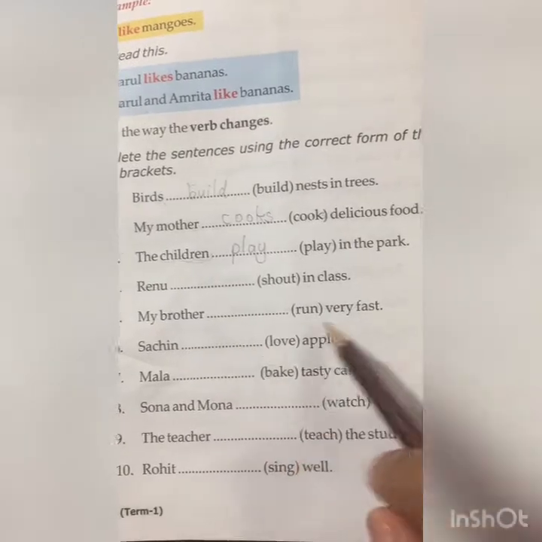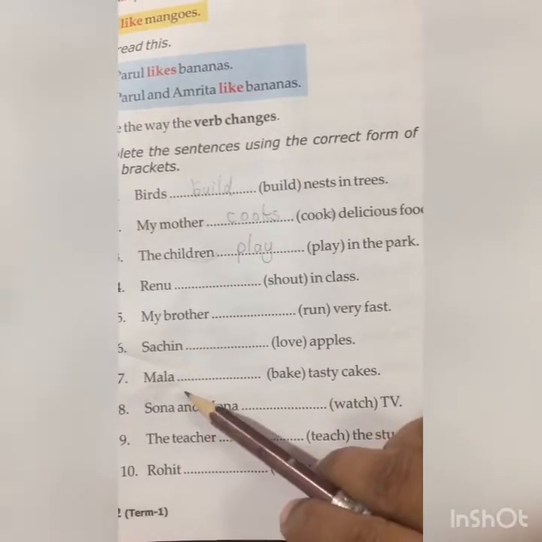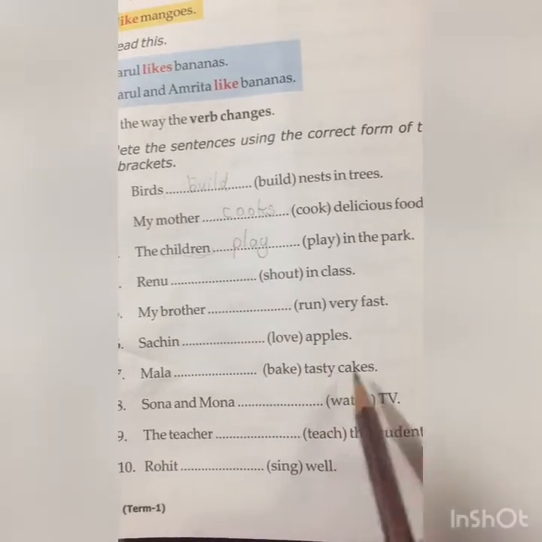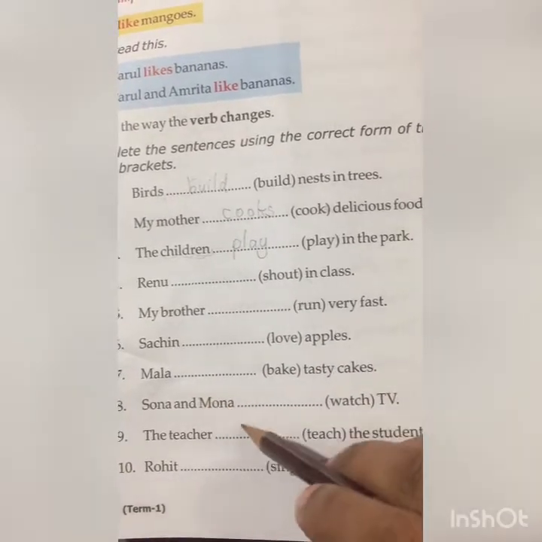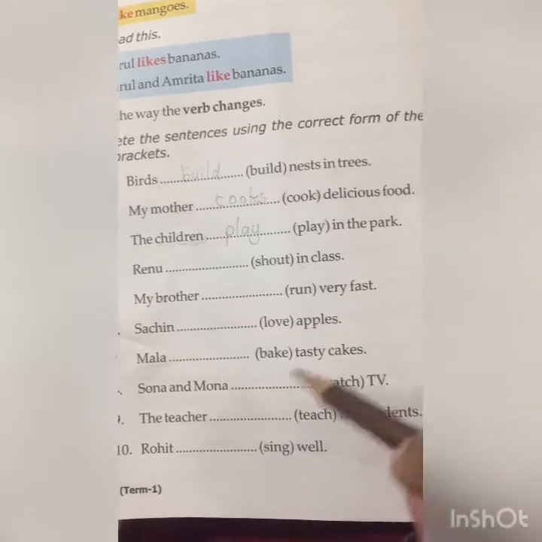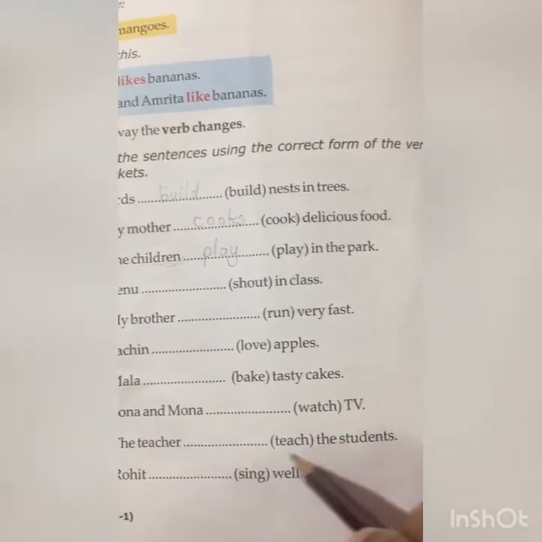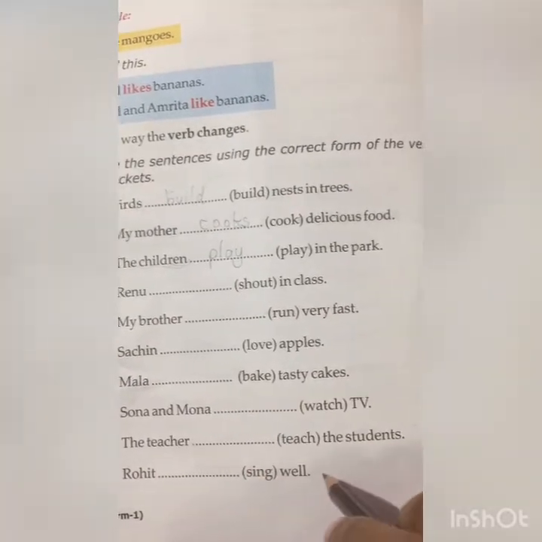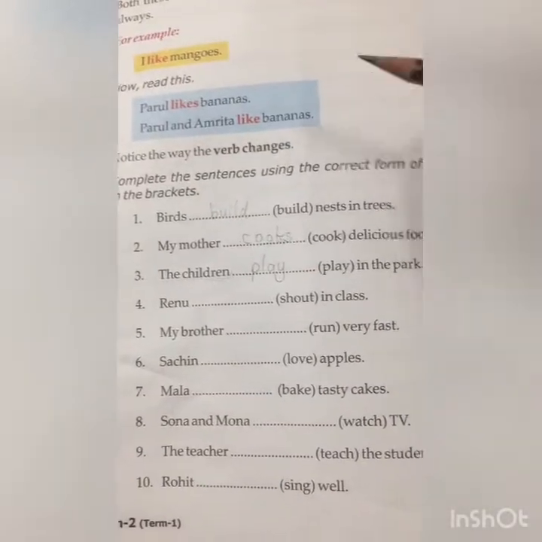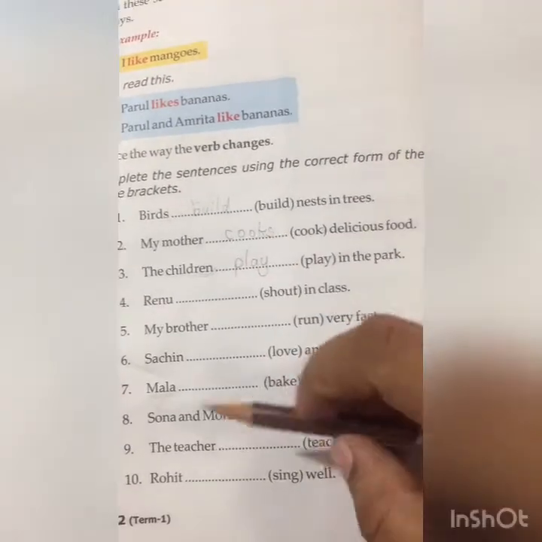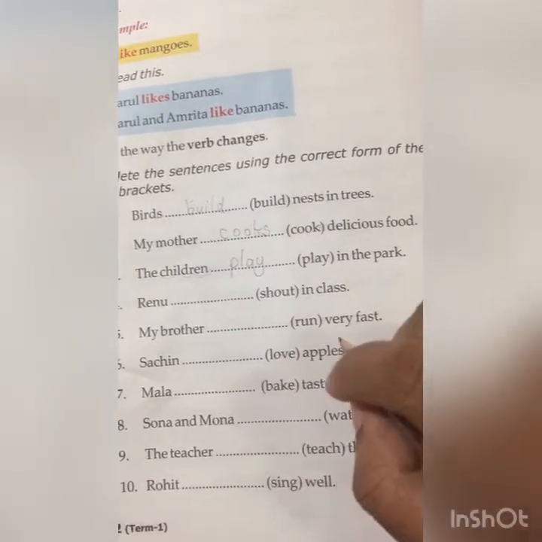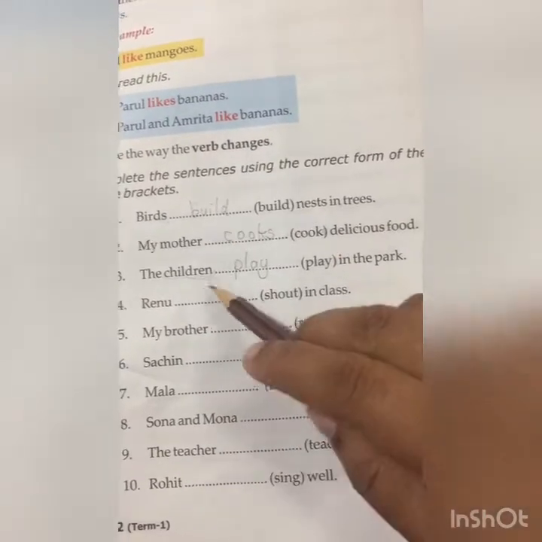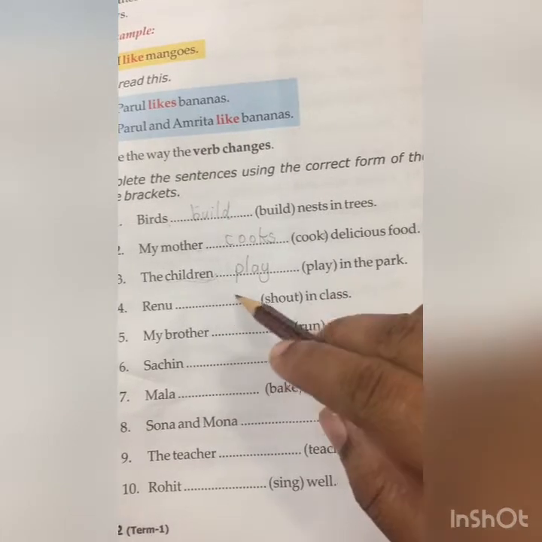Sachin dash apples. Mala dash tasty cakes. Sona and Mona dash TV. The teacher dash the students. Rohit dash well. Now what you have to do is, if it is singular, you have to add an S with the verb and complete the sentence.